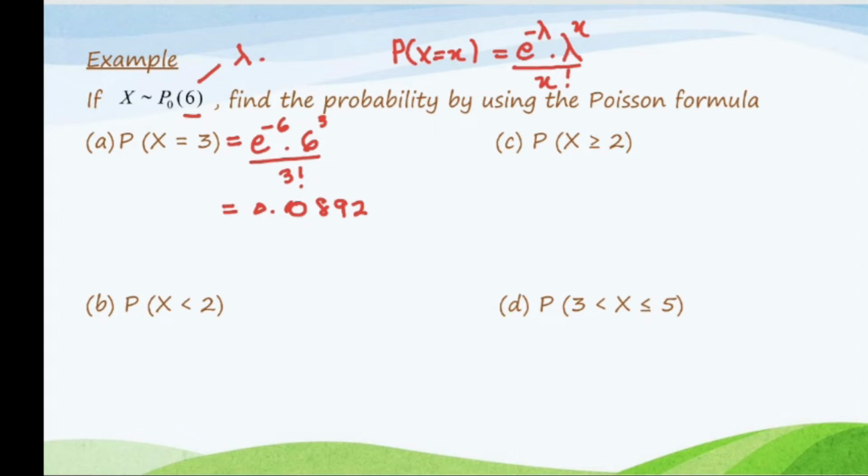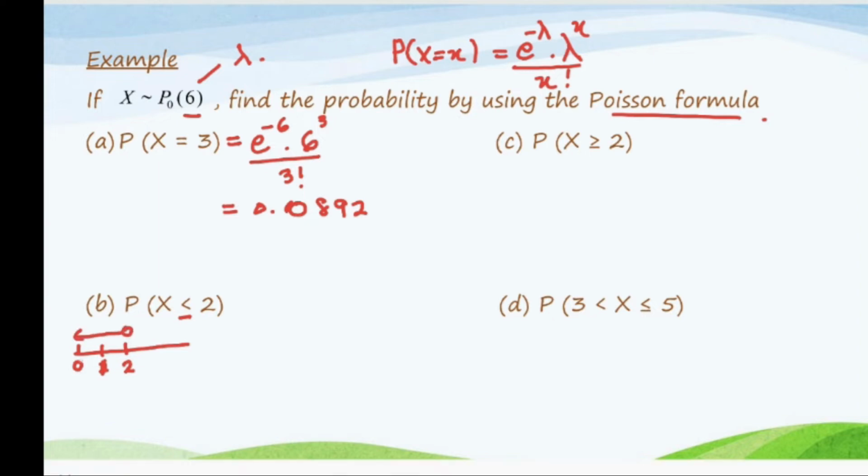Okay, and then for B, the question asks you to find P(X less than 2). Because we need to use the Poisson formula, we have to calculate. If you look at the number line where we have 2, obviously the Poisson or any discrete distribution must start from 0. So 0, 1, 2. Because it is less than 2, 2 is not included, so it is 1 and 0 only.